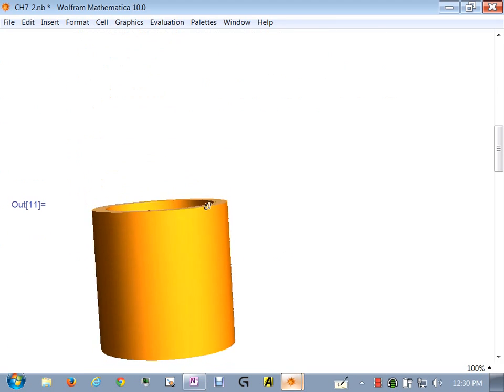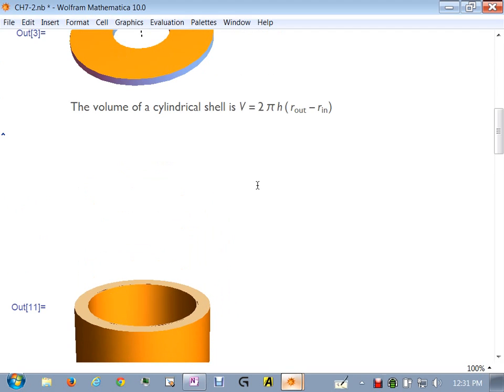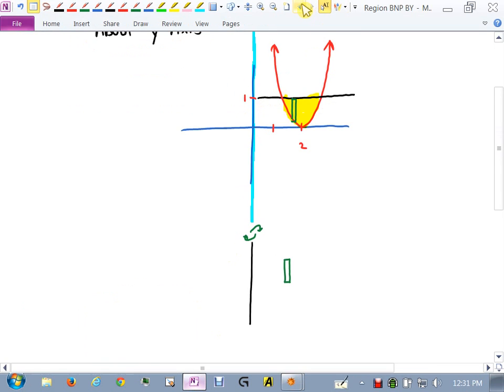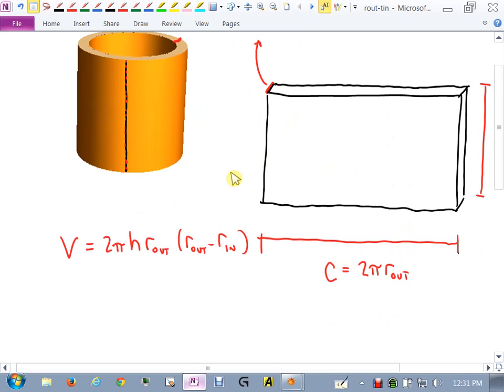It's going to look more like this, isn't it? And remember there was a formula that I gave you for this. Instead of pi r squared, it was 2 pi h and then this thing. Remember that? 2 pi h and then this? Okay. Where was that? Here we go.